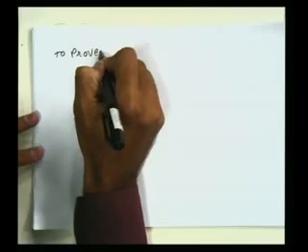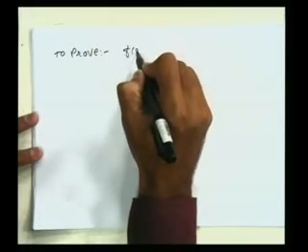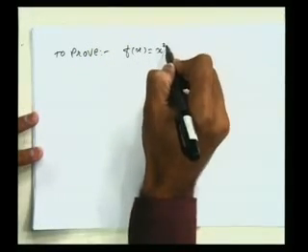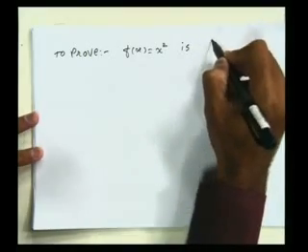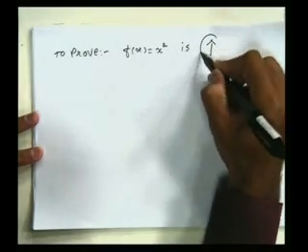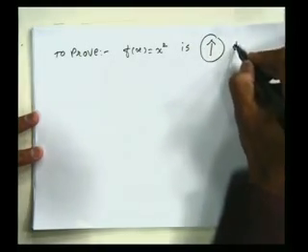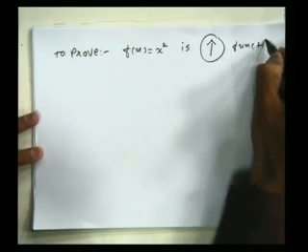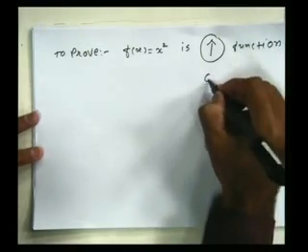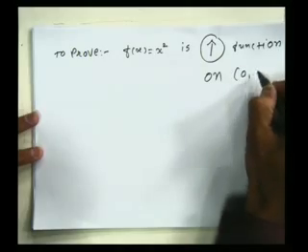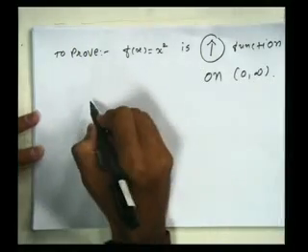First we will prove that f of x is equal to x square is increasing function. We will use this symbol for increasing function on this interval 0 to infinite.